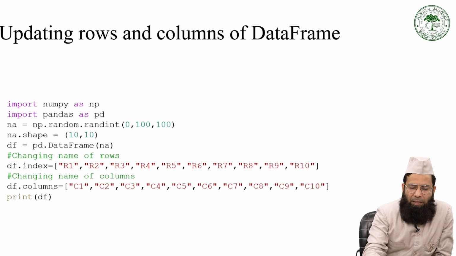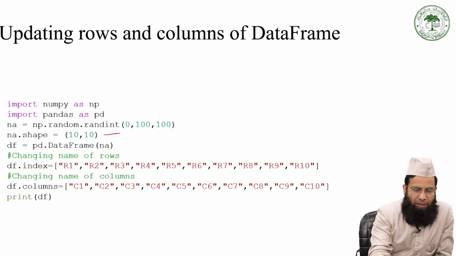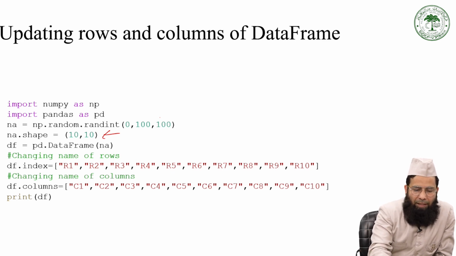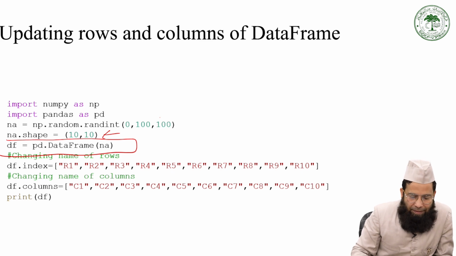It will allocate 100 random numbers, right? And now I am modifying the shape, that is 10 cross 10. We have seen this functionality in the last class. And now on the basis of this, I am creating a data frame object. So here the data frame object is being created.